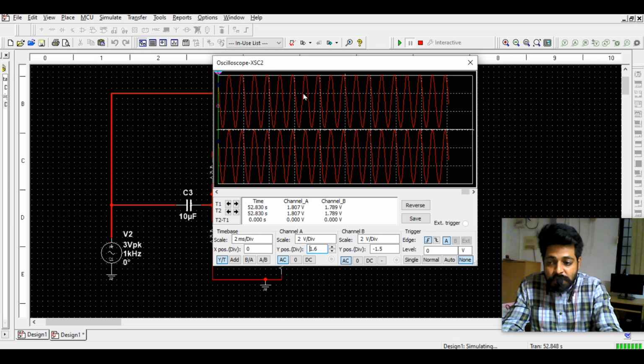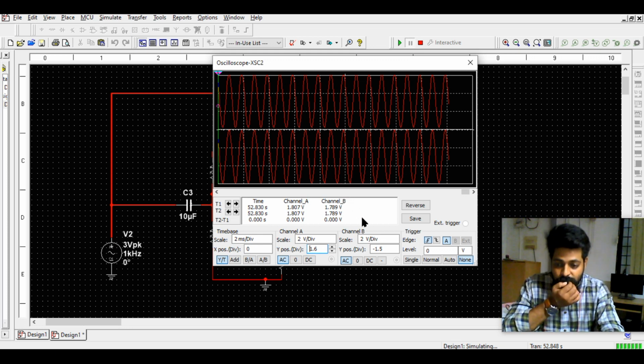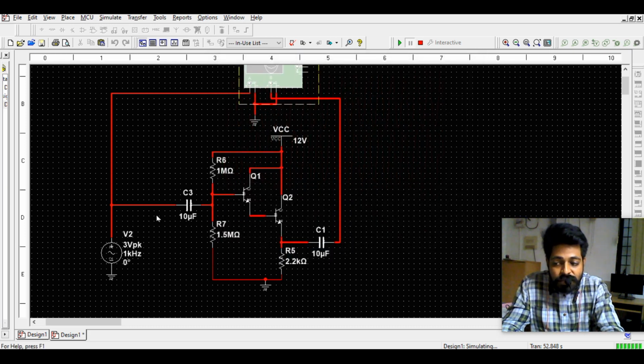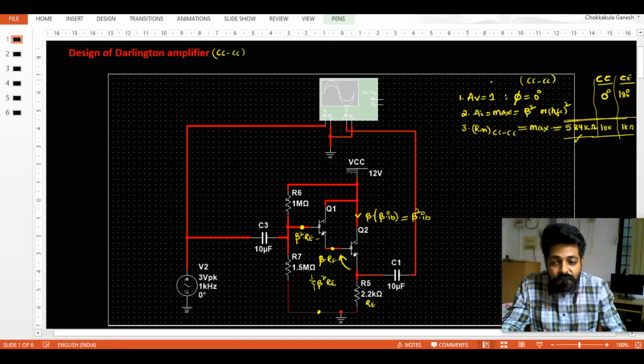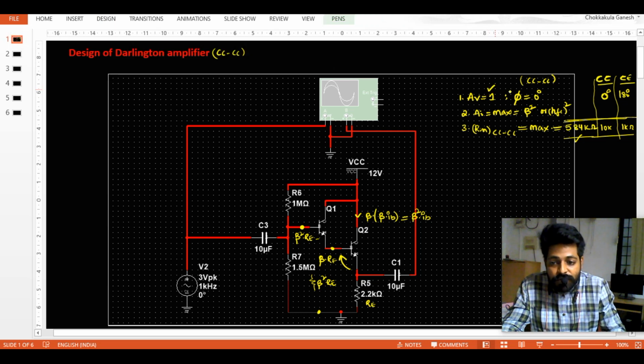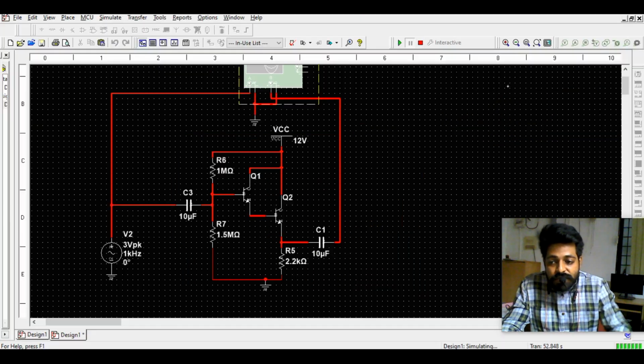That is the 6 volts we got at channel A. In a similar way, in channel B also, 2 volts per division and around 3 divisions, we got around 6 volts. So when you apply 6 volts at the input, I got around 6 volts at the output. So the gain offered by the circuit is almost 1. This is what is verified. And let's verify the phase shift also.